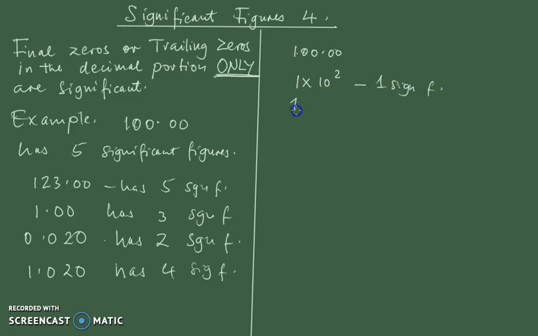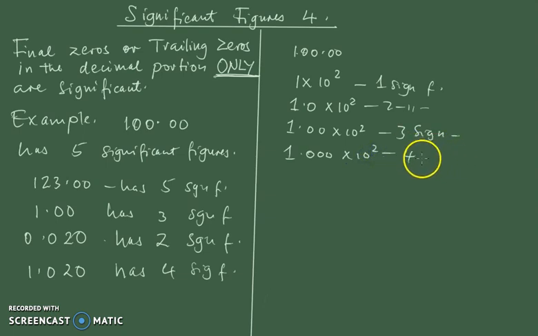It can be written as 1.0 times 10 power 2 for 2 significant figures. It can be written as 1.00 times 10 power 2, which has 3 significant figures. It can be written as 1.000 times 10 power 2. Now this has 4 significant figures, right?